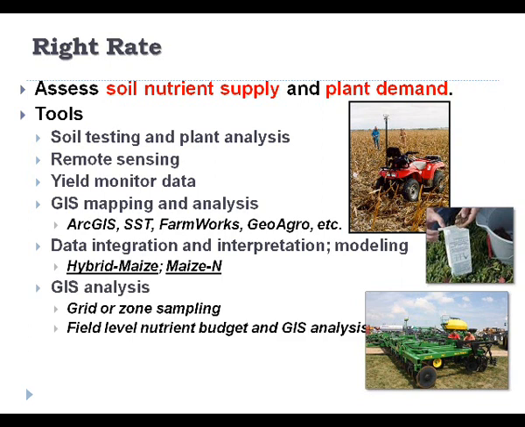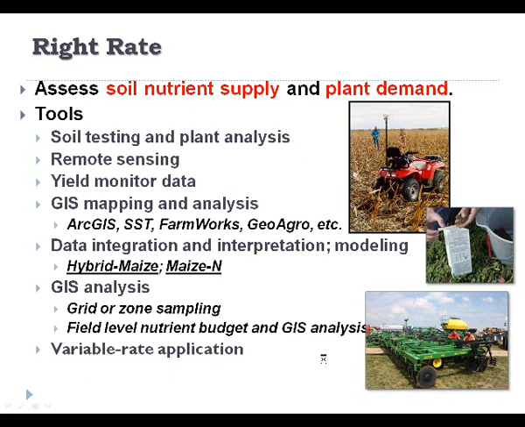And GIS analysis can work either from grid or soil sampling or zone sampling of soils or other crop parameters, and field level budgets for nutrients and GIS analysis of all this information. And then following it up with variable rate application.